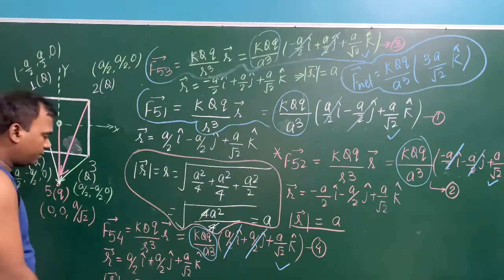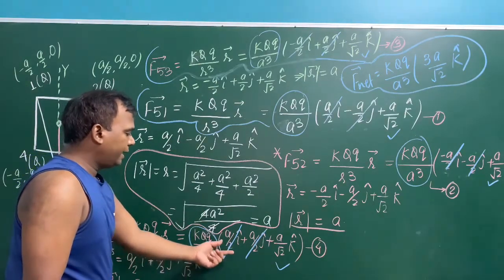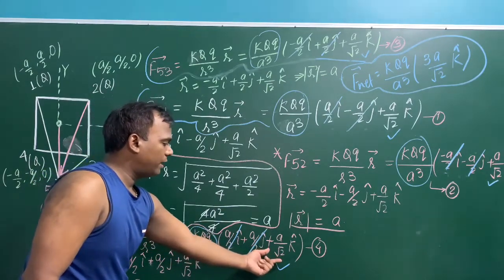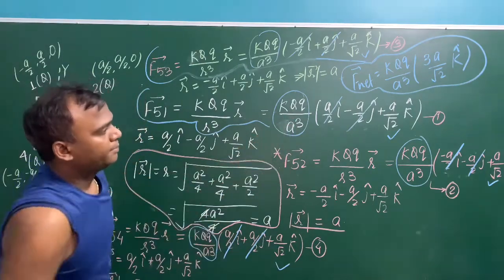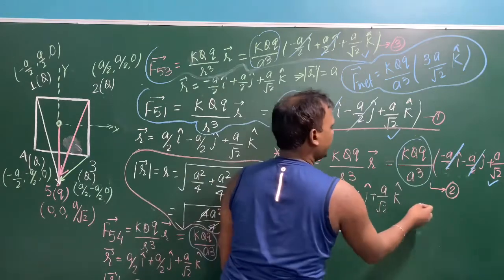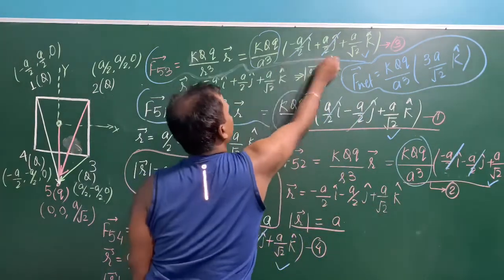So the force is K capital Q small q by a cube into a by 2 i cap plus a by 2 j cap plus a by root 2 k cap. So this is equation number 1, this is equation number 2, this is equation number 3, this is equation number 4.